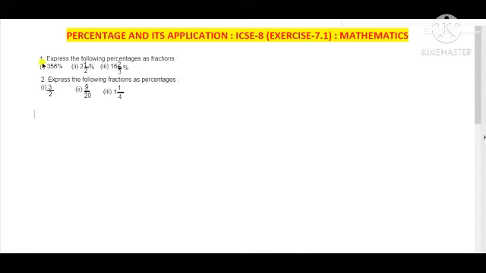First, number 1: express the following percentage as fractions. We have to remove this percentage sign and this number will be treated as a fraction.